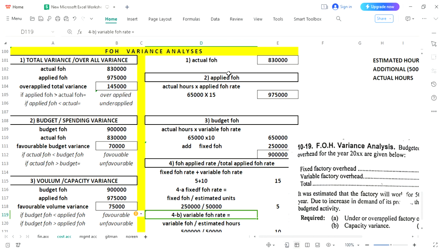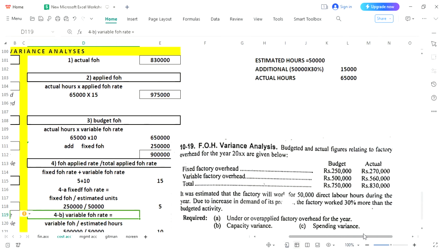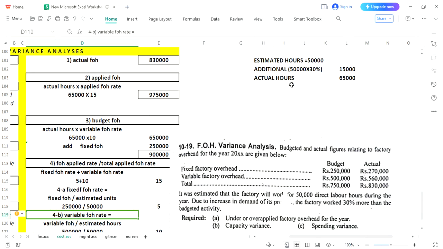Though I have given a little more time, because in this question the speciality was we have calculated actual hours by ourselves. Actual hours were not given in the question. They have just said due to increase in demand you have worked more. How much? 30%. So 30% hours were added to the estimated hours with which you have calculated your actual hours. This was little different, so extra time was given over there.